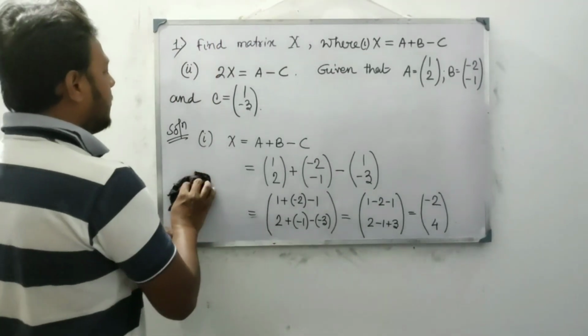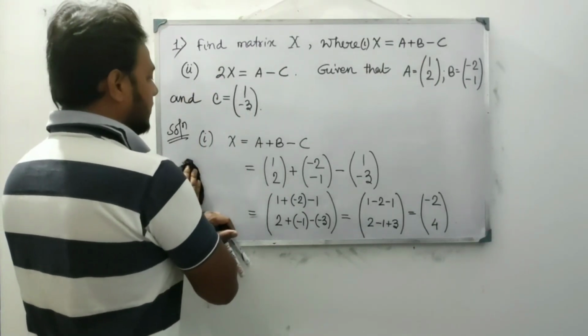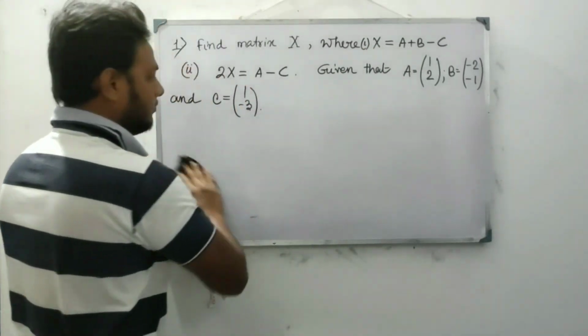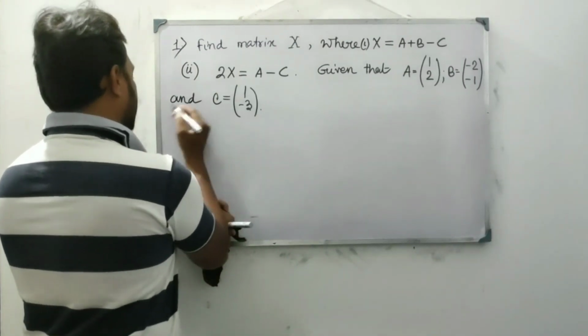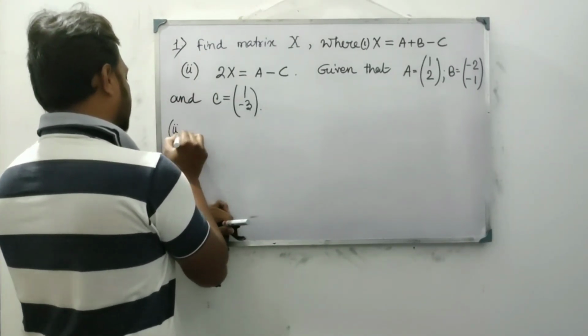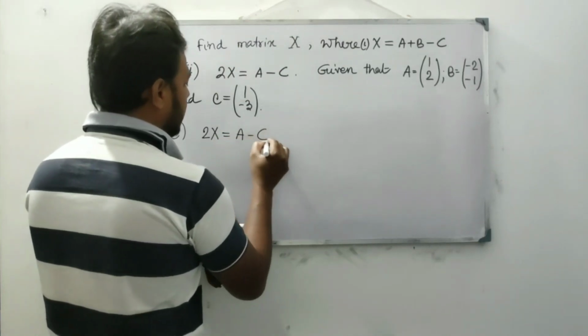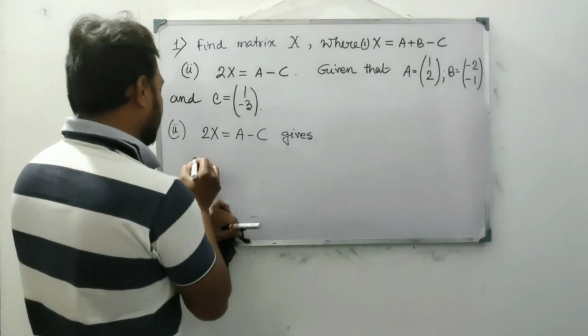Now the second problem. In the second problem we have to derive X, and given that 2X equals A minus C. So second one, given that 2X equals A minus C. Now put the value, since A and C are given, you know.